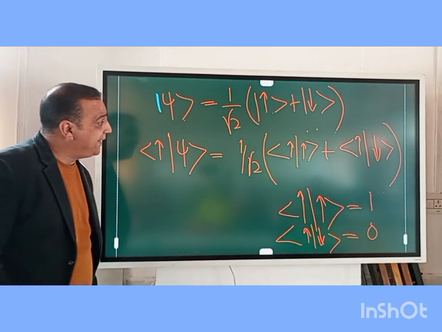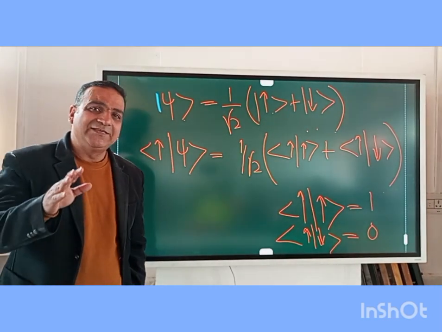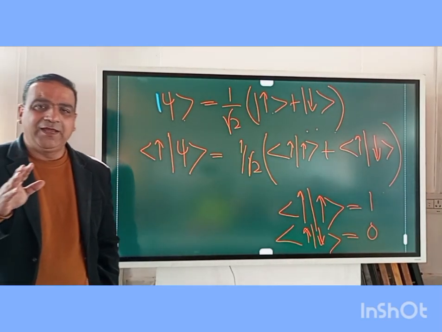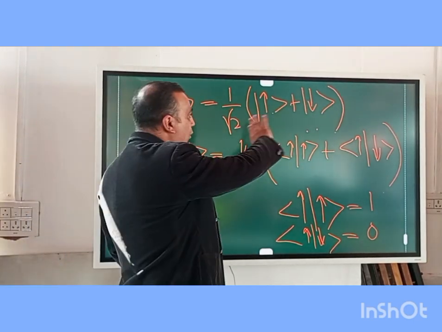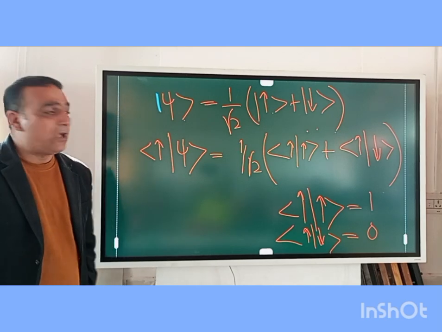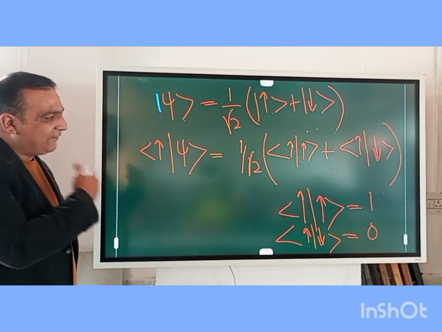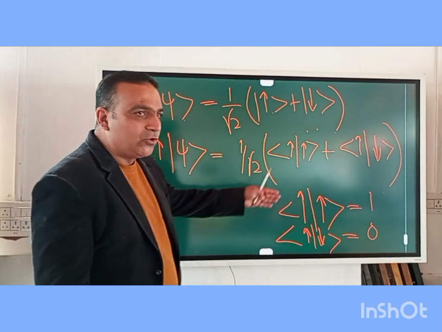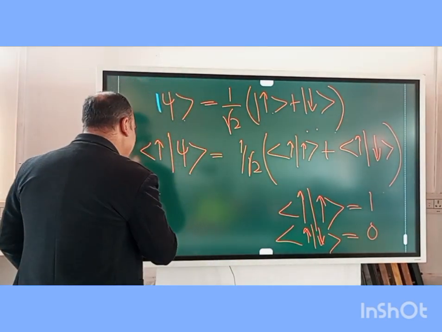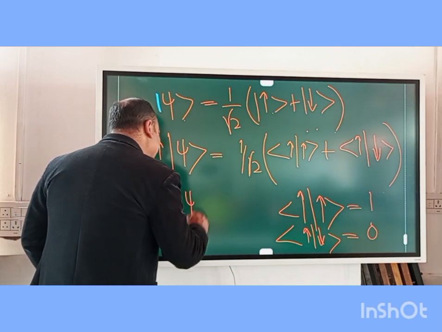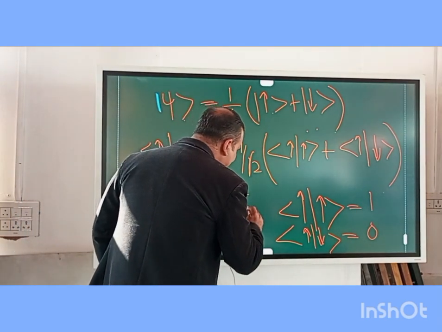By the time you write, we have taken a superposed state of the electron and defined it as 1 by under root 2 times spin up plus spin down. Then we act the spin up state on this state vector, and we use orthonormality conditions. What we obtain is that spin up on psi is simply 1 by root 2, am I right?